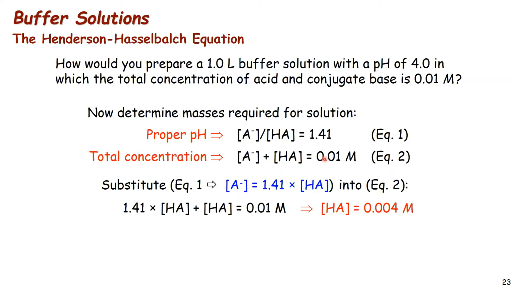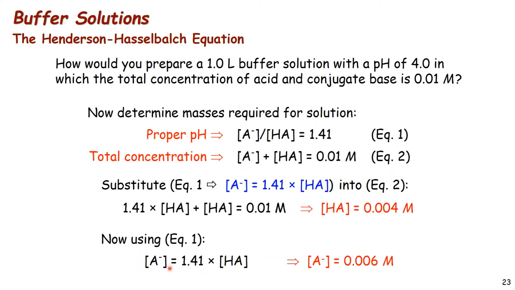I'm plugging it into this equation here. So I'm going to plug in the HA of 0.004, and that allows us to determine that the A minus concentration is 0.006 molar. So now we have the concentrations of the acid and its conjugate base.